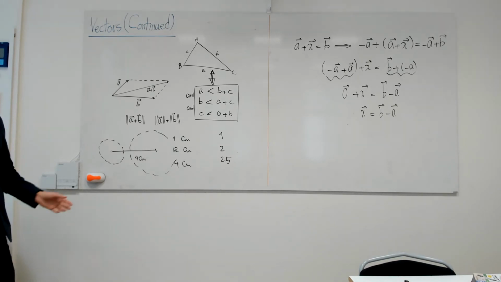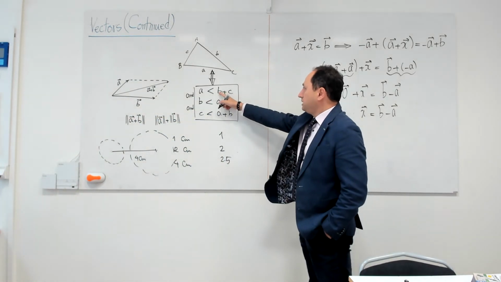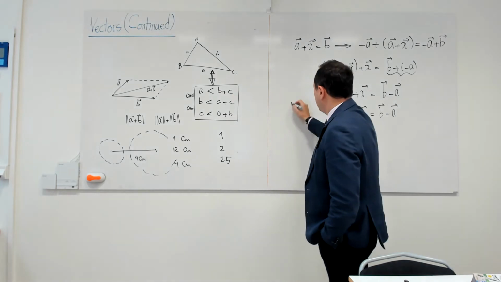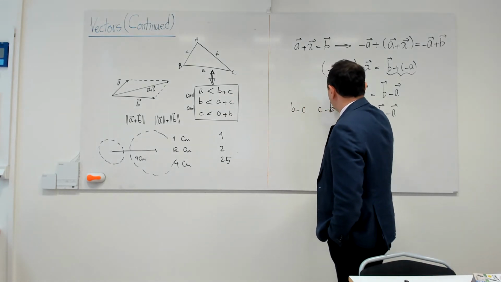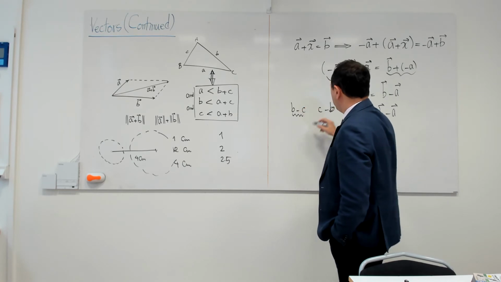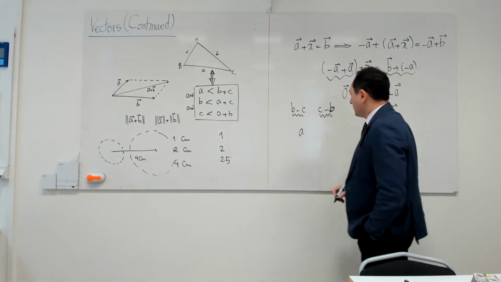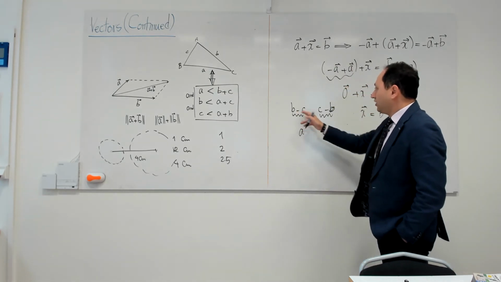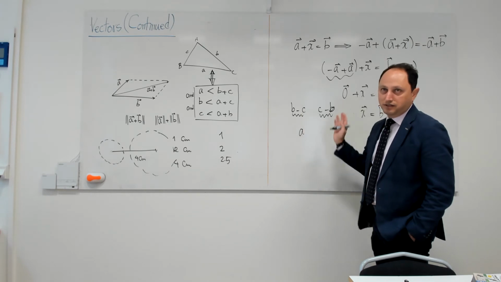So my question is that, because you know that there is no difference between B plus C and C plus A, but there is a difference between B minus C and C minus B, how are this number and this number related to A? Of course, if they are equal, it's clear the difference is 0, so A is greater than the difference.